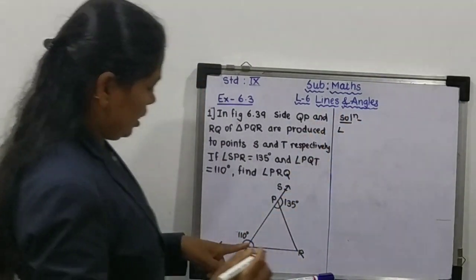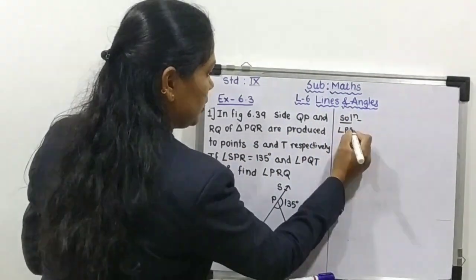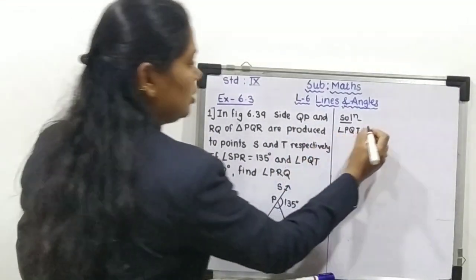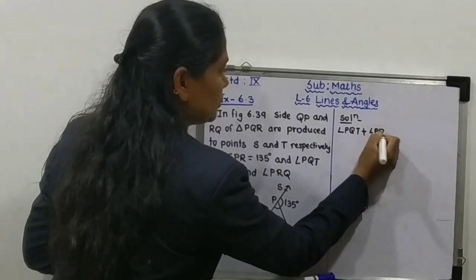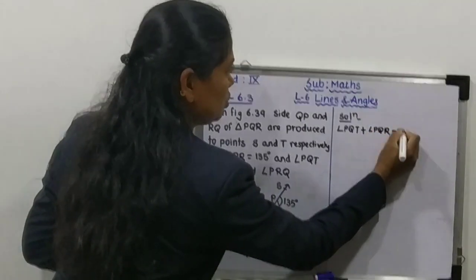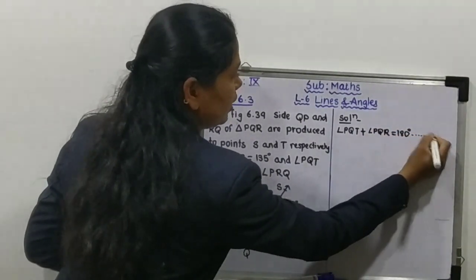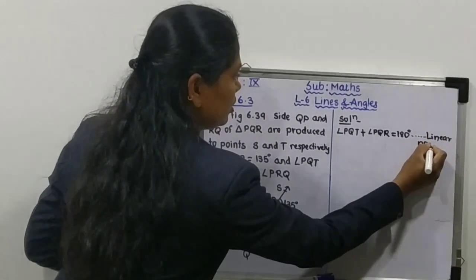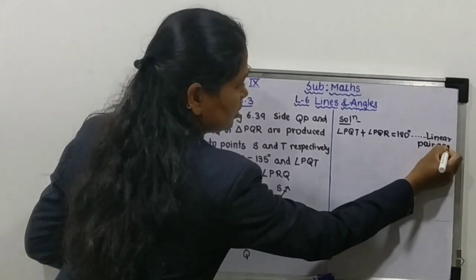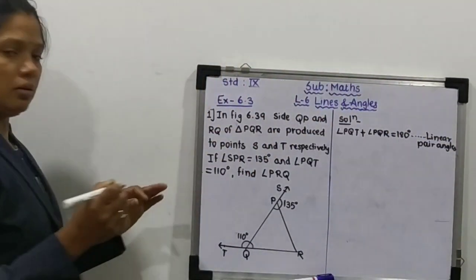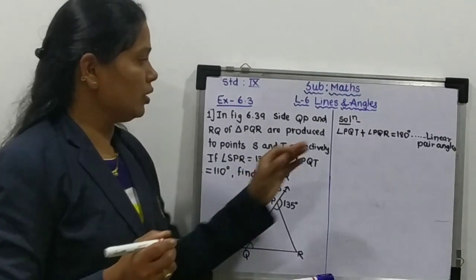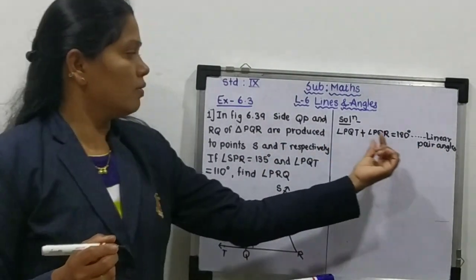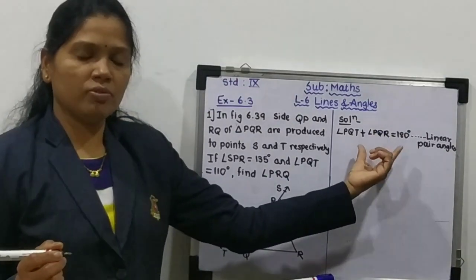Angle PQT plus angle PQR is equal to 180 degrees, by linear pair angles. I am again repeating that we have to mention reasons. It is necessary to mention reasons. Without reasons, we cannot write this statement.